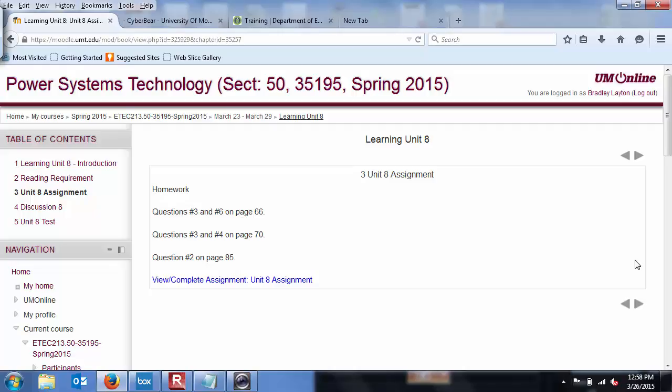Sounds fairly straightforward. Let's go see where push buttons are. There's drum switches, selector switch, pilot switch. There's a picture of a push button there, figure 4.5. So 4.5 starts on page 62.